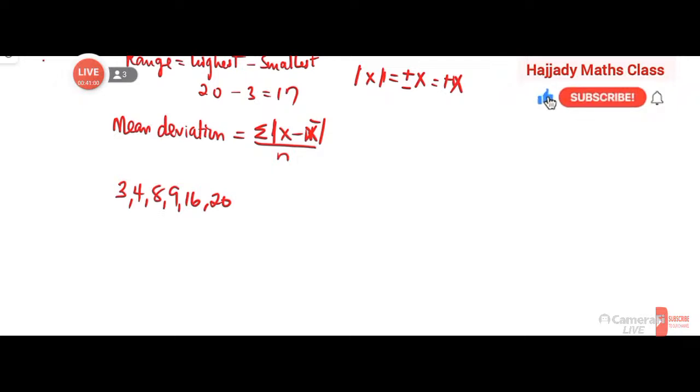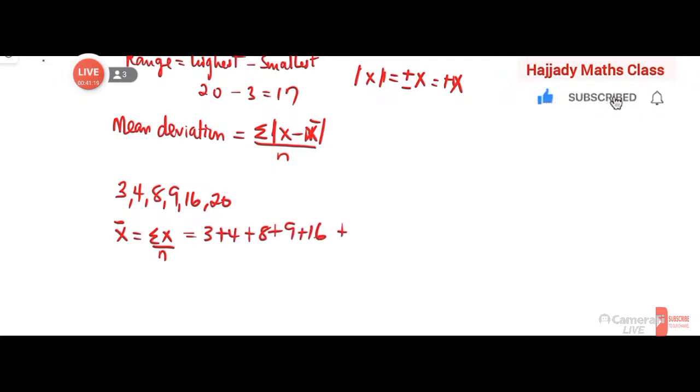In our previous video, we talked about that. Don't forget that the formula for calculating mean, which is x bar, is the summation of x over n. That means all these observations must be added together. So we're going to have 3 plus 4 plus 8 plus 9 plus 16 plus 20, everything over how many observations? 1, 2, 3, 4, 5, 6.